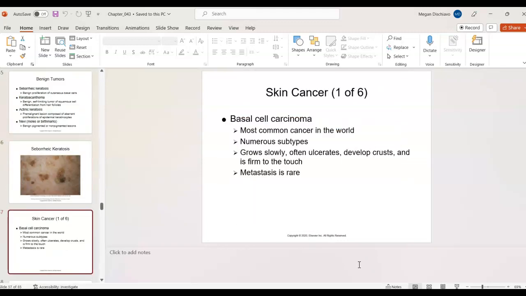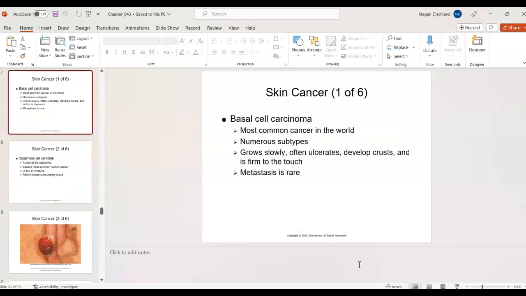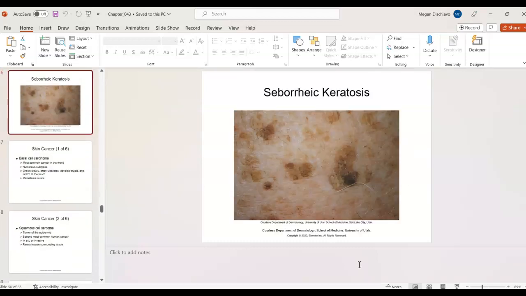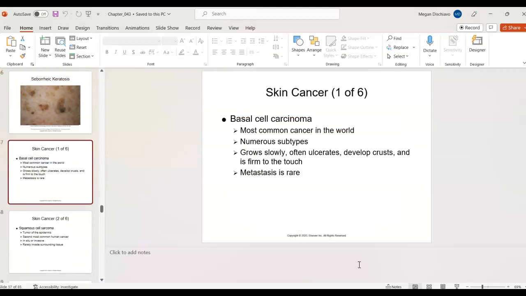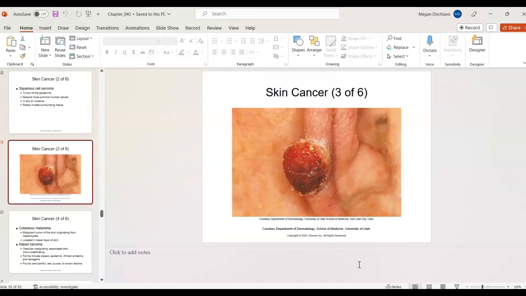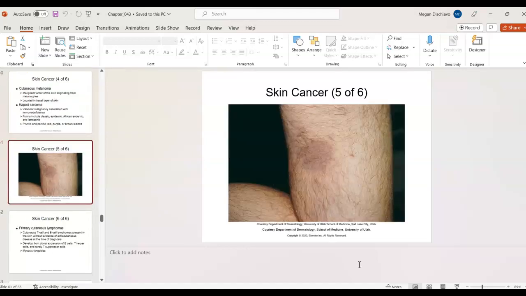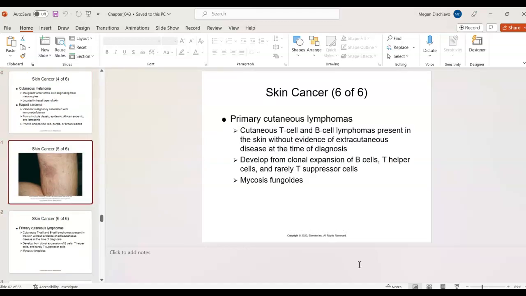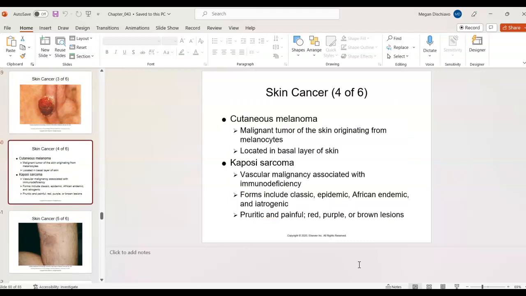I wanted to briefly go over skin cancer. I feel like that's a really important topic to review. There's 3 main types, and melanoma is the most dangerous one. Okay, so they call it cutaneous melanoma.